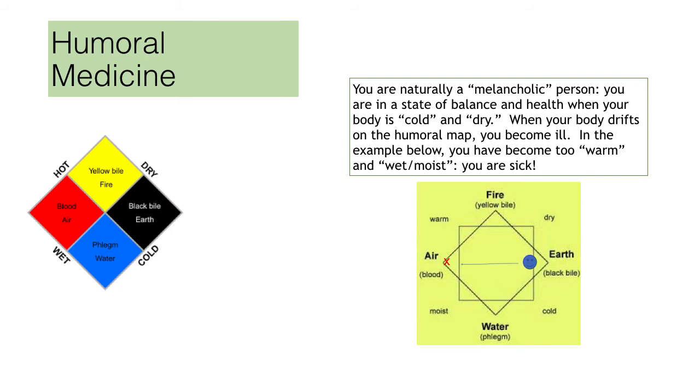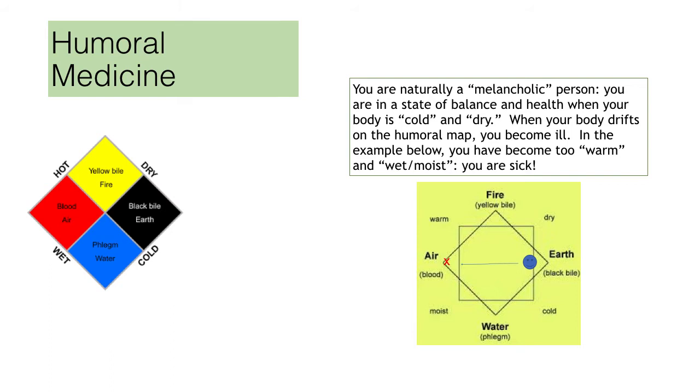Well, suddenly this patient starts sweating, gets a fever, has diarrhea or vomiting. So this patient is exhibiting symptoms that are hot and wet. So that person is sort of veering over or drifting over toward air, which is an unnatural position for this patient.